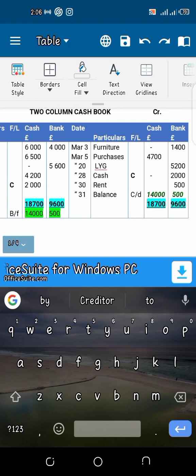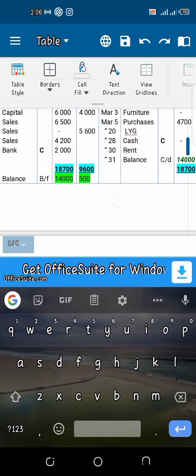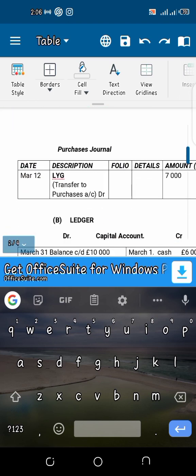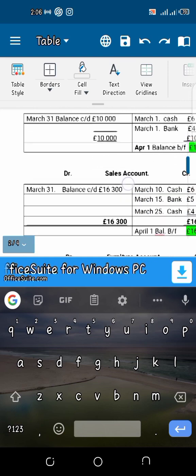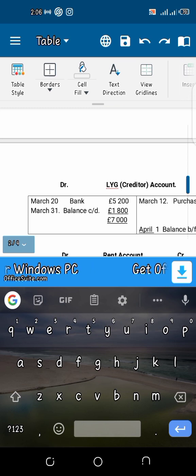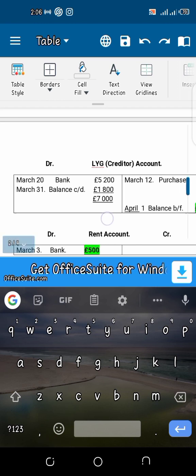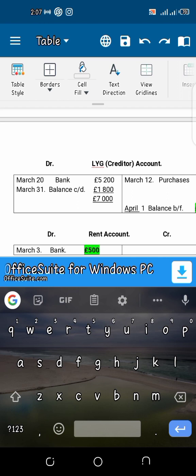March 20, LYG was paid 5,200 using the check. Now we are to enter this in the debit side of the LYG account to indicate that out of this 7,000 pounds, only 5,200 was paid. Therefore, there is a balance of 1,800.